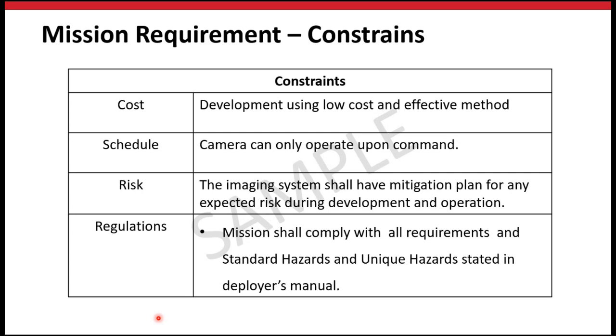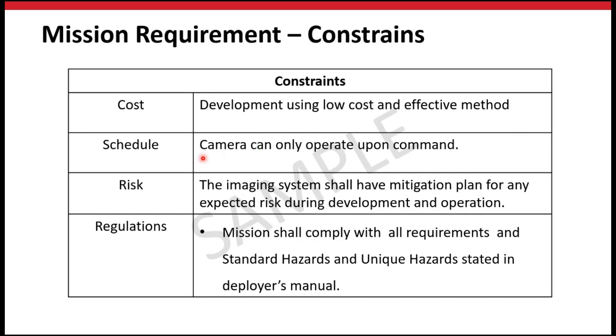And in order to validate the system, we look into the constraints. Most of the time, the constraints are the cost, the schedule on how it is going to operate, the risk, and also the regulation. Talking about CubeSat, of course, we look into a lean concept of satellite, where we produce a mission that uses low cost but with an effective method.